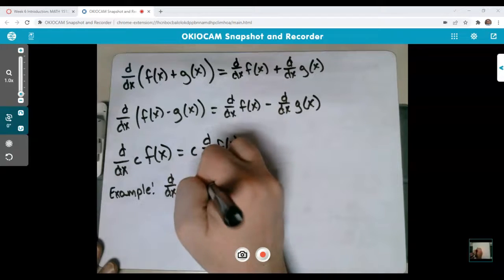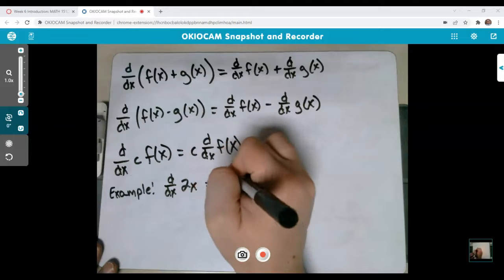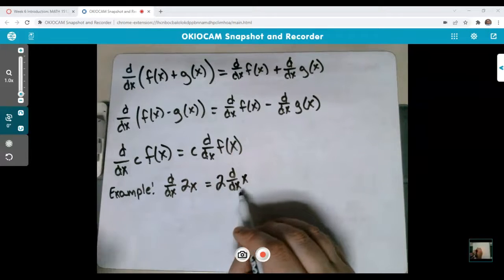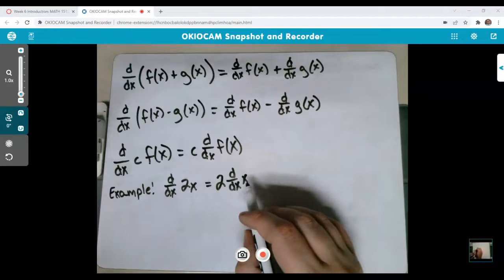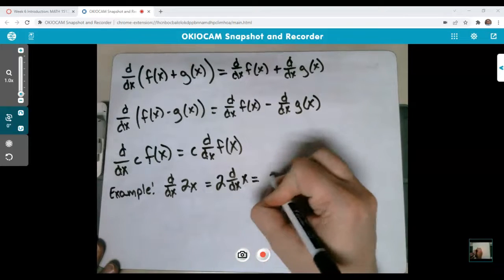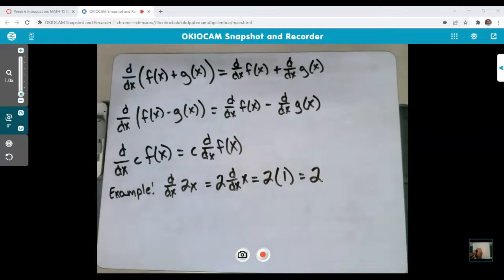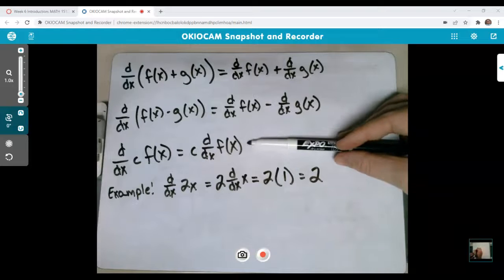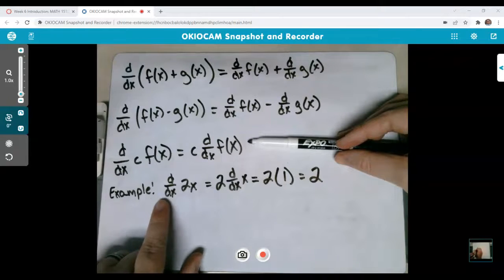So I can bring this constant out to the front, 2 times the derivative of x. And since I know this, I can just take the derivative of the x. Remember we said the derivative of x is a 1. So that's 2 times 1, which is 2. Again, that's using this rule right here, the third one, where if I'm multiplying by a constant, I can just bring the constant out to the front.